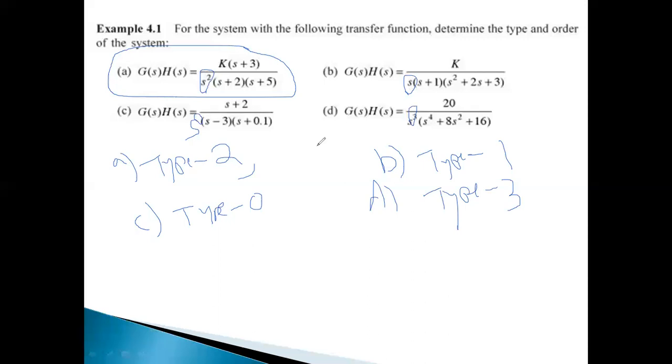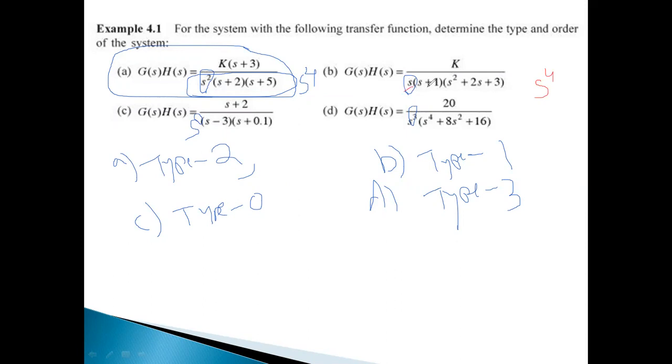Coming to order. Order means the maximum power of s. In this expression, if we simplify, the denominator polynomial is of fourth order. In the second case, it is also fourth order.